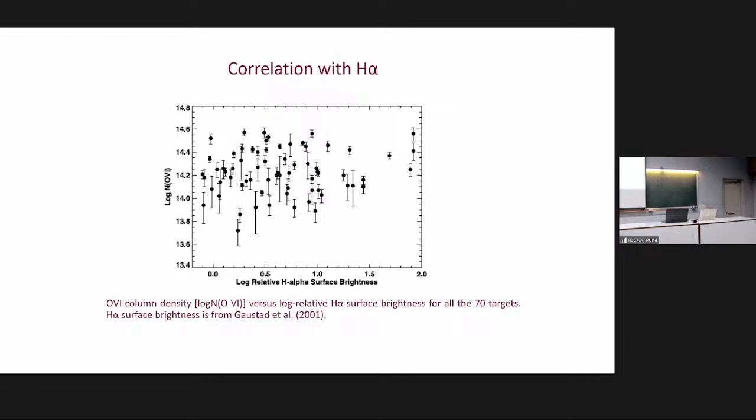So what is O6 representing? It is representing something in between warm ionized medium and hot ionized medium, so it is representing the warm hot ionized medium. And the creation of O6 is not due to H alpha emission. It is not related.